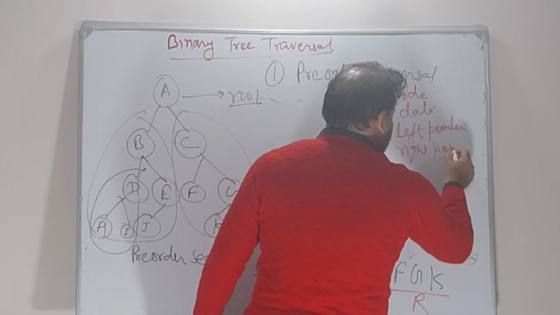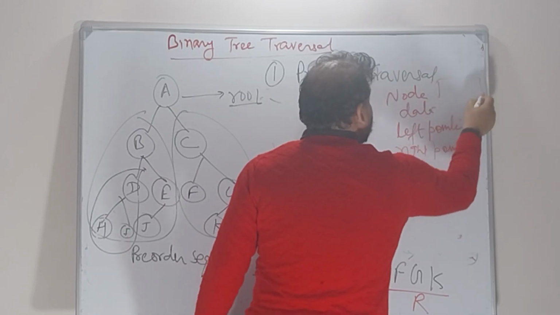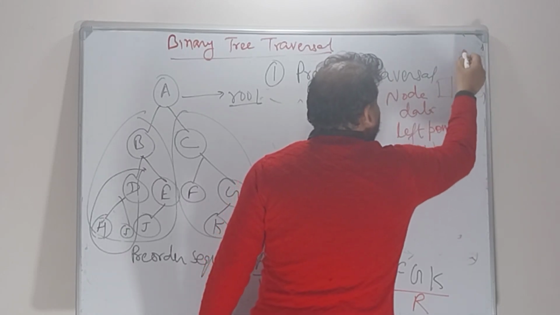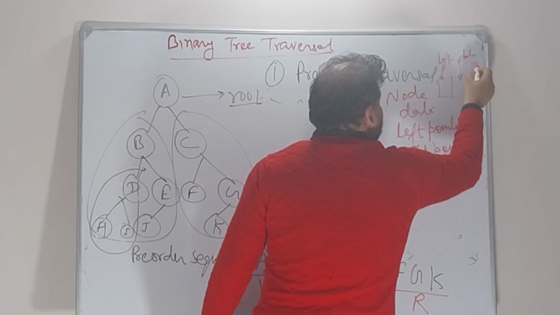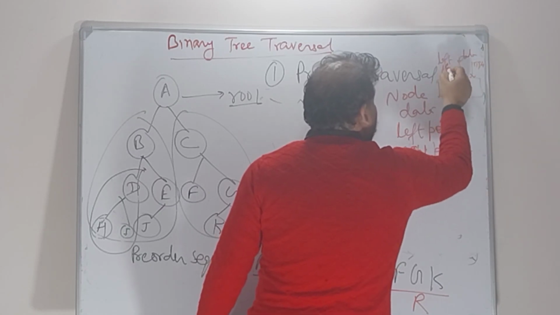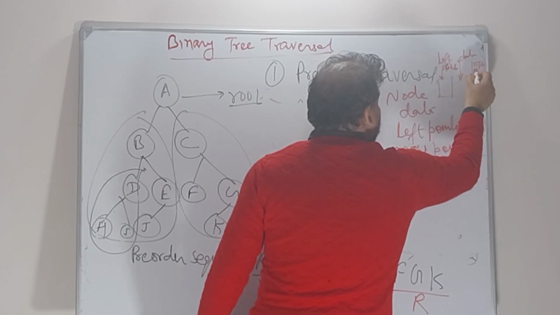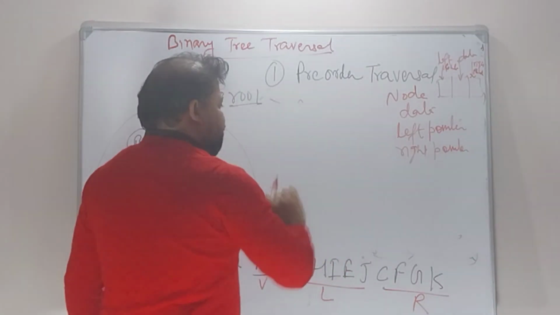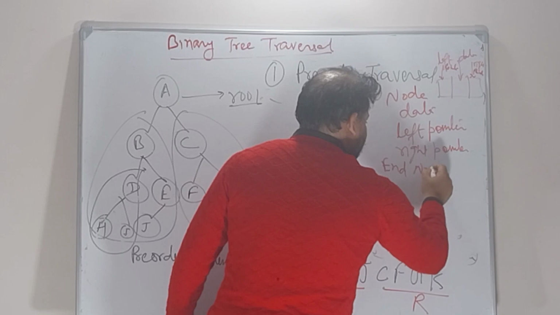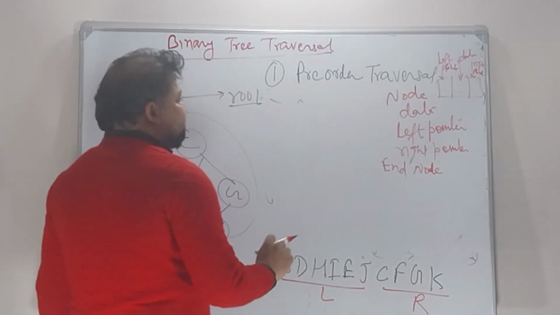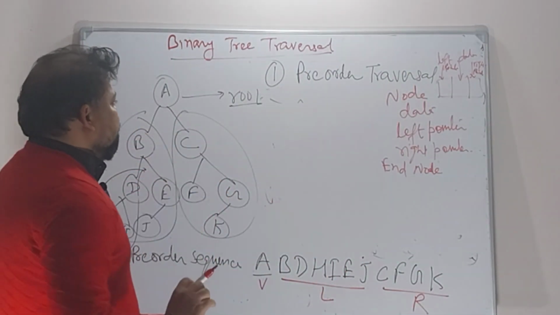Here I am creating it once again in this way: this one is data, this one is the left pointer, this one is the right pointer. Clear? So these are the overall fields that a node requires.